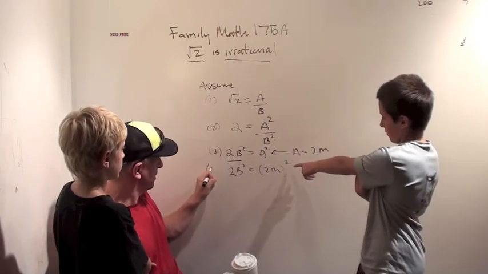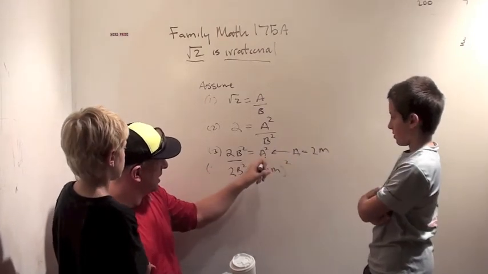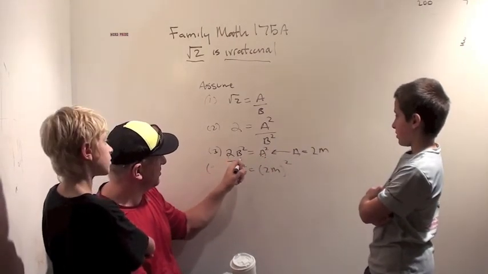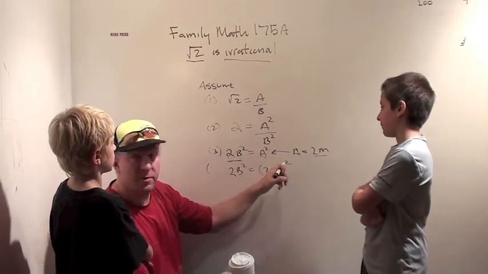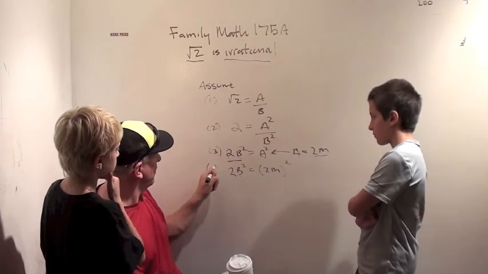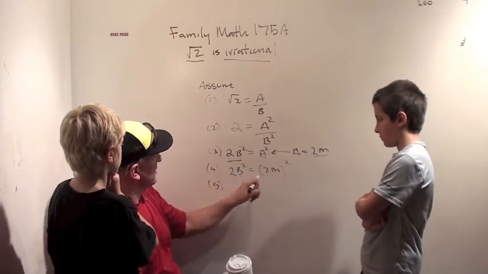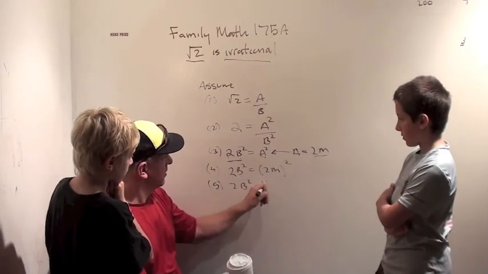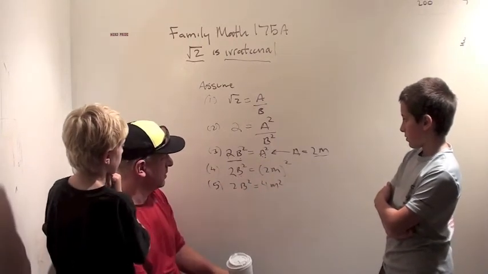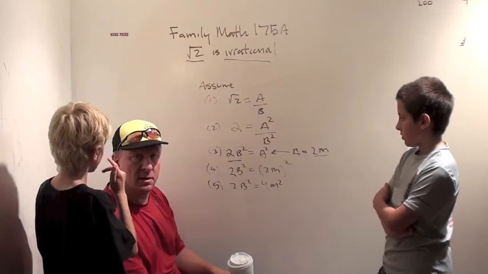Wait, why is it squared? Well, remember, a squared: 2 times b squared equals 2m, the whole thing squared. That's step 4. Step 5 is to multiply this out and get 2b squared equals what? 4m squared. What can I do here?